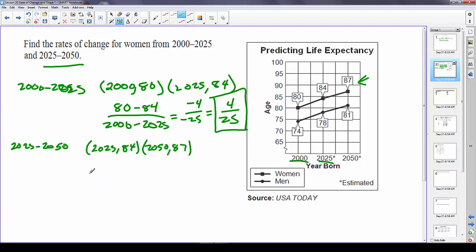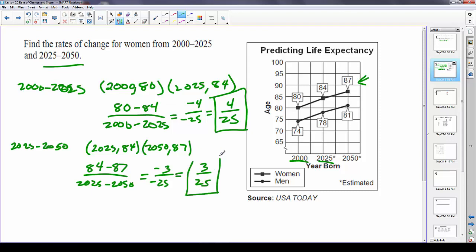And then I take my difference in y's, so it's 84 minus 87 over 2025 minus 2050. We get -3 over -25, which is 3/25. And there's my rate of change there.